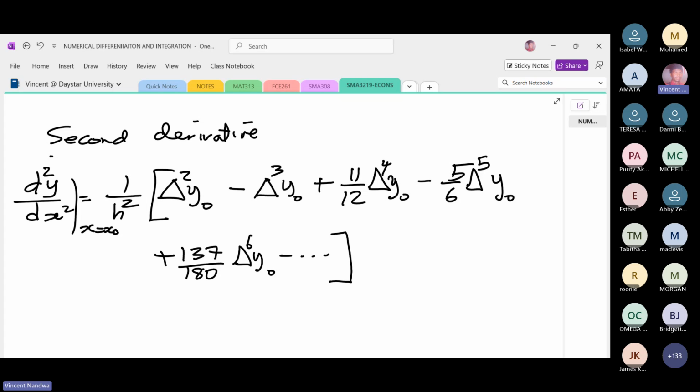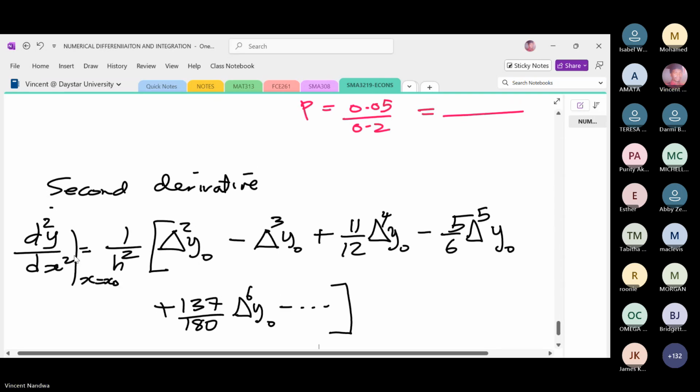And the process is very easy. Have your Newton forward interpolation formula up to the term having the sixth difference. Then differentiate that formula, and then differentiate it again to get the second derivative in terms of p.